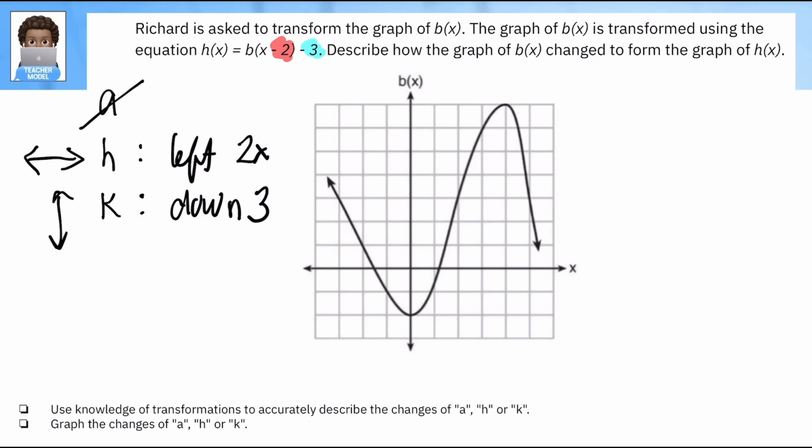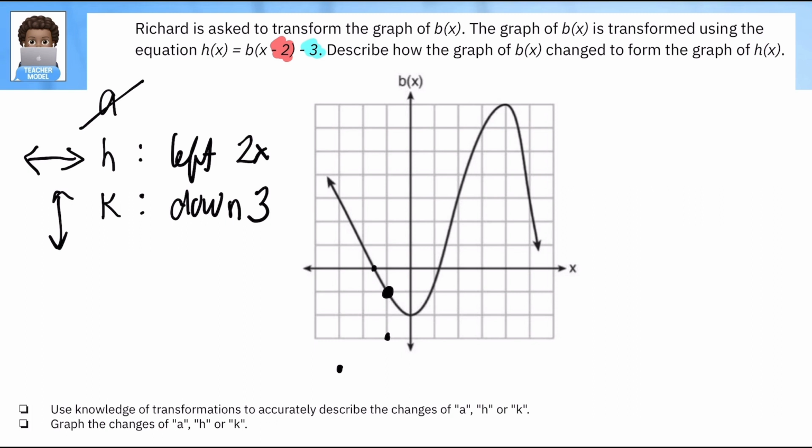If you wanted to try and graph this out, you could. It wouldn't be as easy, but I'll try using this as a point. So I would just go to the left 2, 1, 2, and down 3, 1, 2, 3. So it would be somewhere down here. I'll try using this point too. So to the left 2, and down 3.